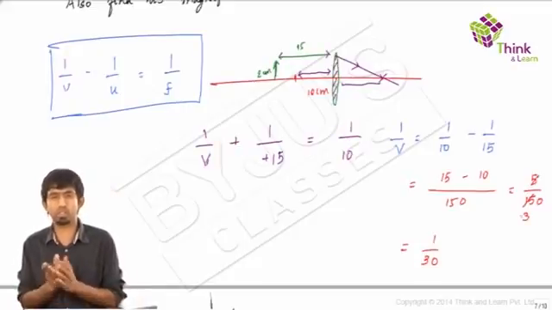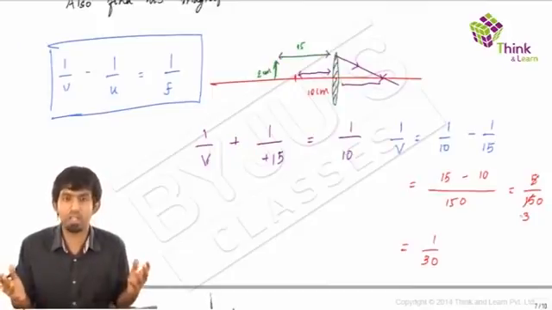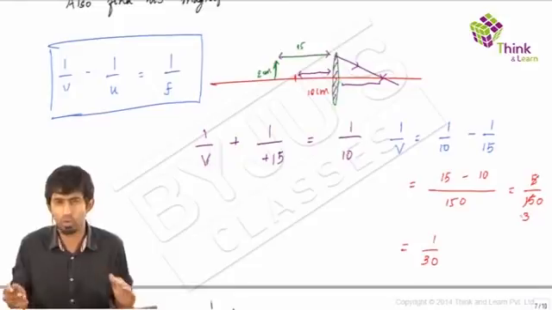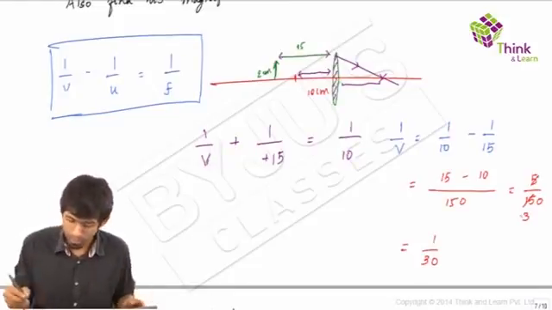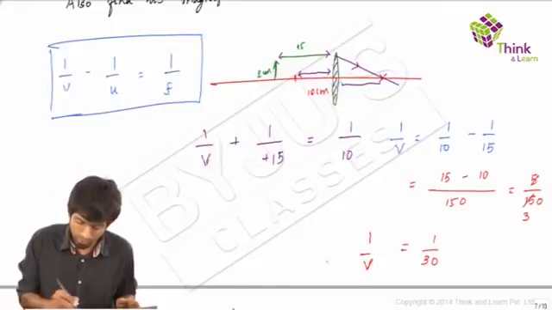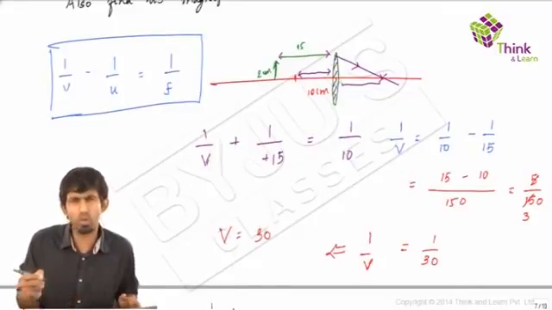I know I'm doing this as if it's a big task. I'm doing it just because even if some of us are not so particularly comfortable doing all these divisions, we know how to do them. So instead of jumping a few steps, we're making sure we're doing every single small step the way we would do it as children, right? So 1 by v equals 1 by 30, giving us v equals 30 what?